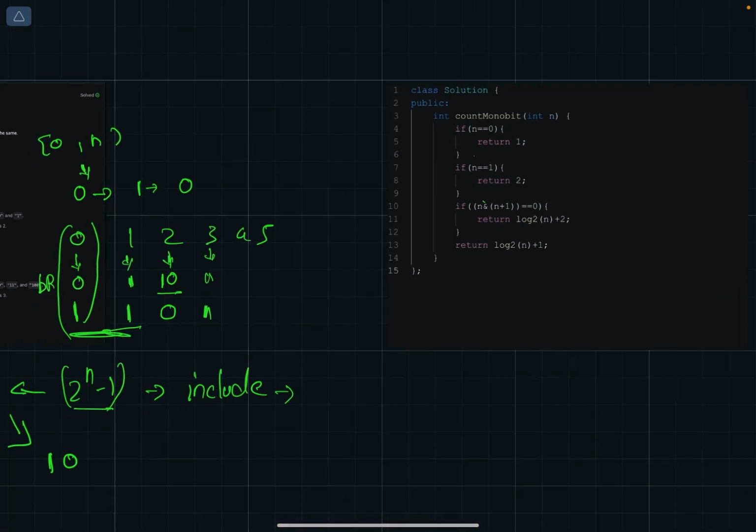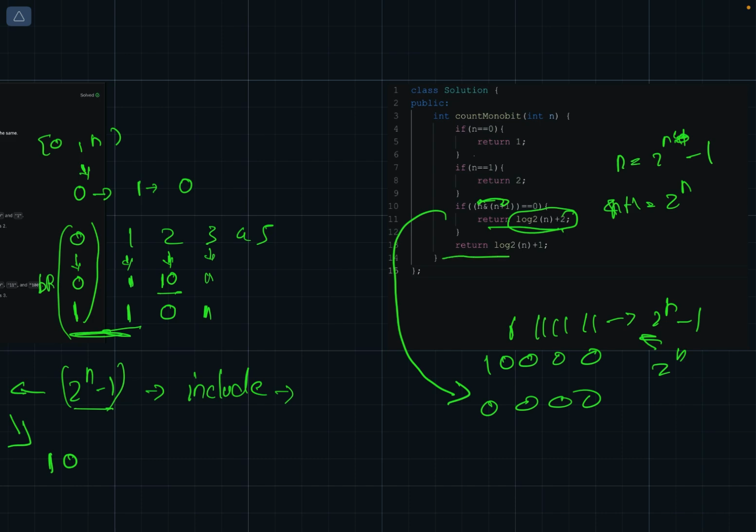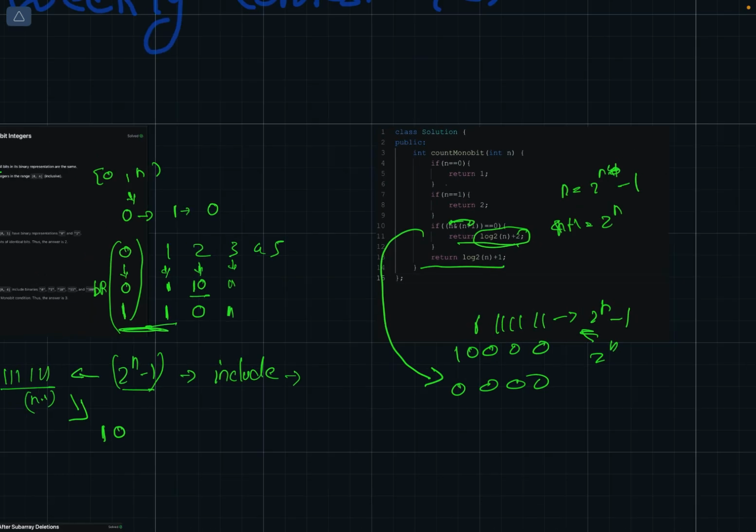If n is 2 to the power k minus 1, the answer is log 2 n plus 2, else our answer is log 2 n plus 1. Simple.